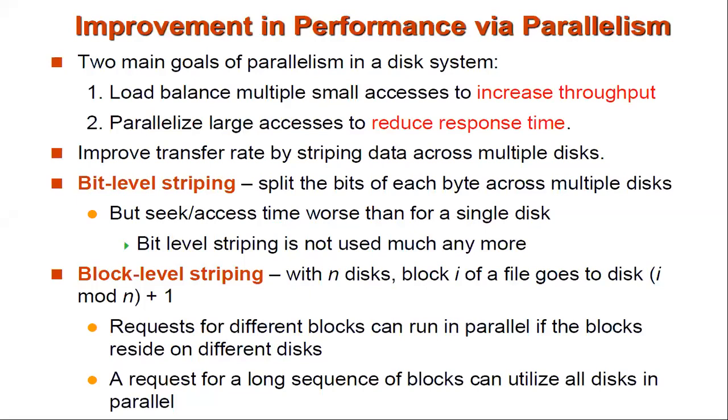In block level striping, you arrange by striping the blocks based on the number of disks available. For example, if you have 100 disks in the RAID and you have 150 blocks of data, first you start from the first disk and store each block.